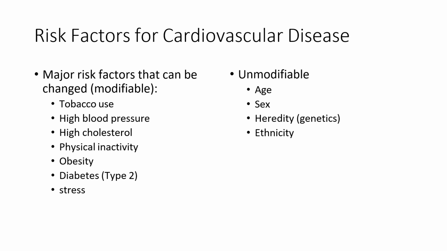Similar with high cholesterol, which is also diet related. We have physical inactivity, obesity, which is also diet related, diabetes type 2, which is primarily diet related. And then we also have stress, which is contextual, as we took a look at last week during our two lectures.